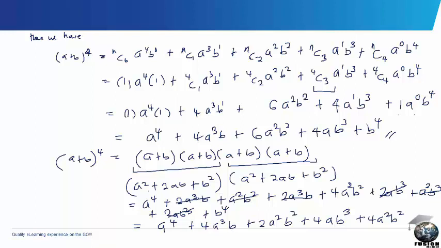Okay, and then the last that followed, b raised to the power 4. Alright, let's write below. Have a raised to the power 4, we can add the a squared b squared terms, and so we have plus 4a cube b, and then plus 6a squared b squared, and then plus 4ab cube, and then plus b raised to the power 4.